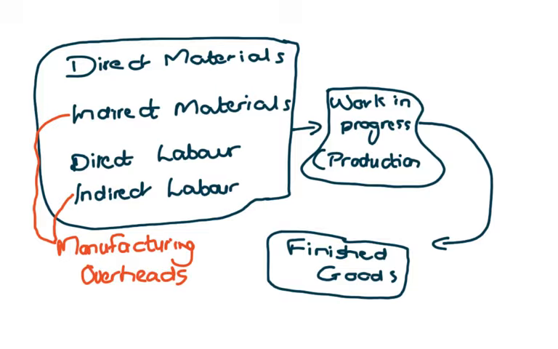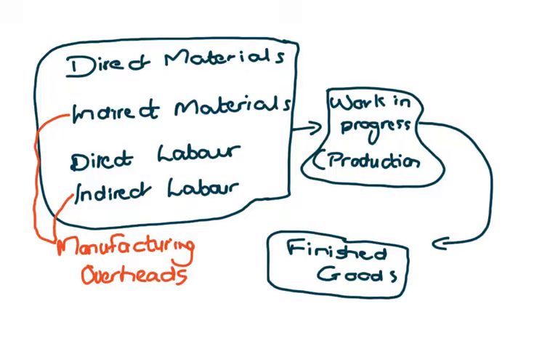Some textbooks refer to work in progress and other textbooks to production, but these are essentially the same. Now, when these goods are finished, so you are done with the office desk, then you will take it out of the production or work in progress account, and you will take it to the finished goods account. So this is basically the cycle that we will follow.